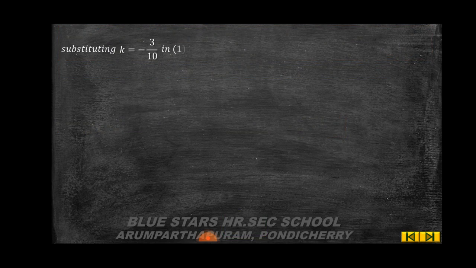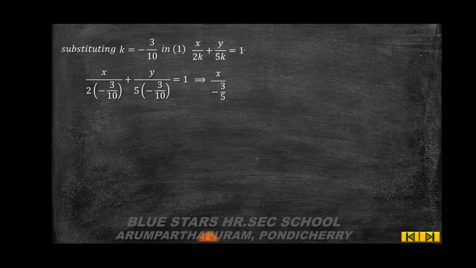Substituting k is equal to minus 3 by 10 in equation 1, x by 2k plus y by 5k is equal to 1. So x by 2 into minus 3 by 10 plus y divided by 5 into minus 3 by 10 is equal to 1. So x by minus 3 by 5 plus y divided by minus 3 by 2 is equal to 1.